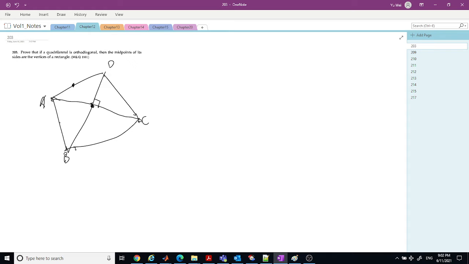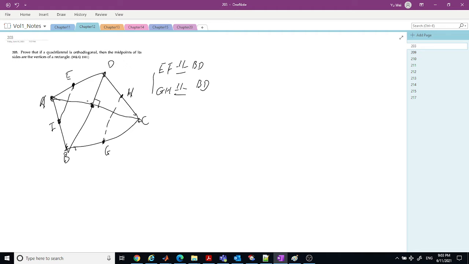Then we take the midpoints E, F, G, H. We know EF and HG: in triangle ABD, EF is the midpoint connector, so EF is parallel and equal to half of BD. And the same thing, GH is parallel and equal to half of BD.